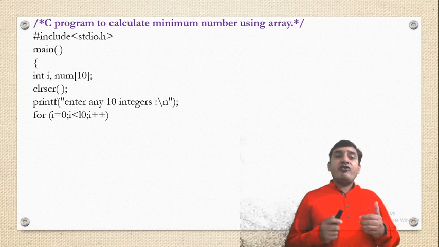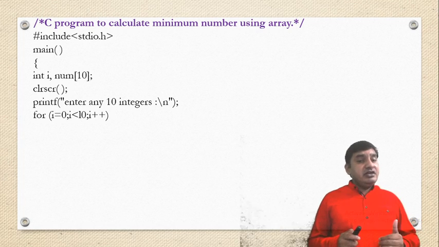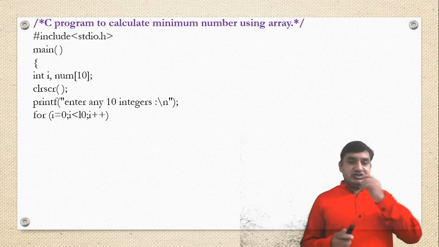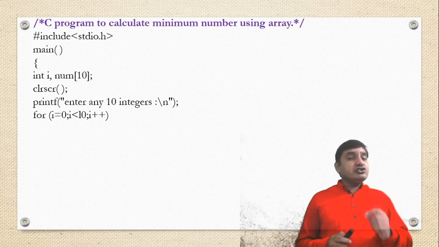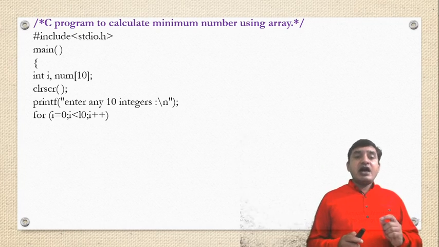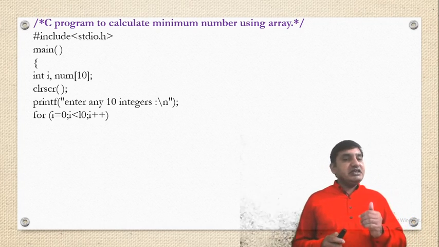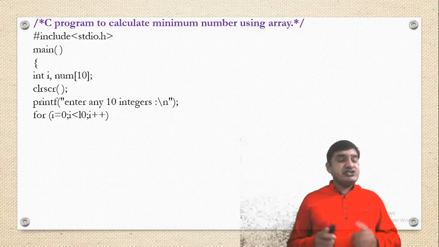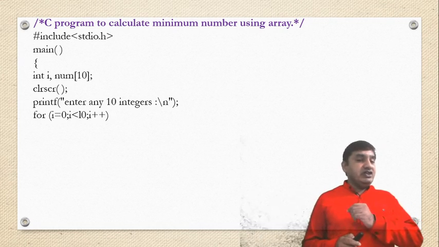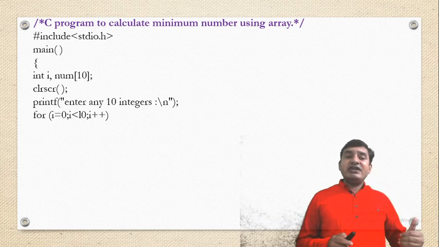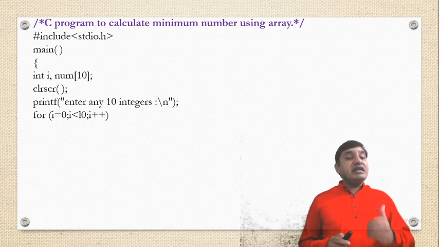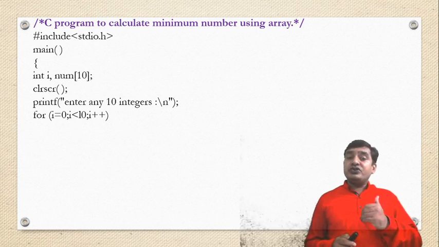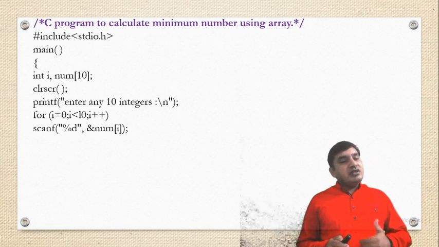Now we use a for loop, to enter the 10 integers. We use a for loop with i = 0, which is the initialization, i < 10, which is the condition, and i is incremented. i starts from 0 and is incremented up to 10.